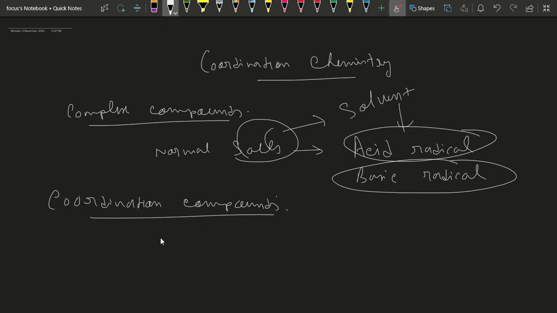As we all know from our previous or basic concepts of coordination chemistry, coordination compounds comprise two different entities. One is having a primary valency, and along with this primary valency there is one called secondary valency.